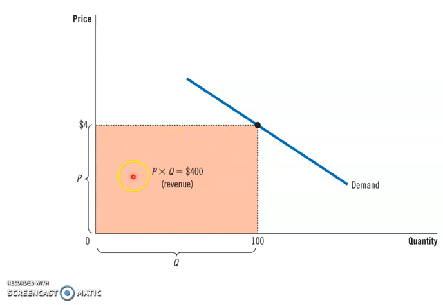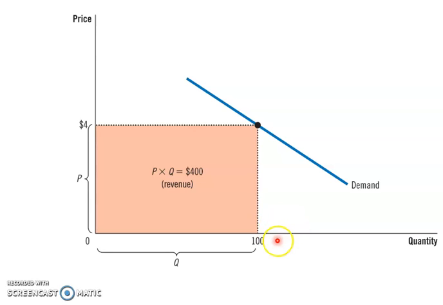So the total revenue would be this pink area. Mathematically it's $4 multiplied by 100 pizzas, so the total revenue would be $400. Graphically, that means this rectangle from the origin to $4 here, this point on the demand curve, and this point on the horizontal axis.